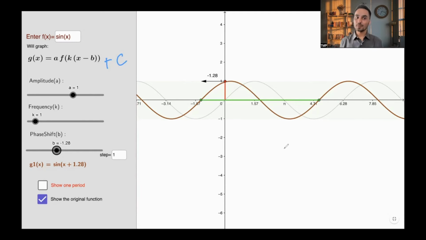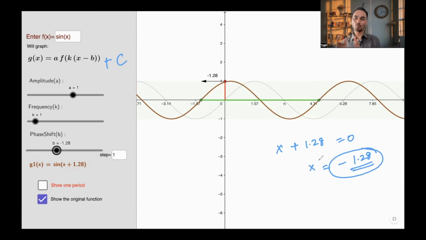Yes, you're right. Because when you set x + 1.28 equal to 0, it gives you the value of x as negative 1.28, and negative 1.28 is to the left of the origin. Whenever we're trying to draw f(x + a), the graph shifts towards the left by a units. And whenever you're trying to draw f(x - a), the graph shifts towards the right by a units.